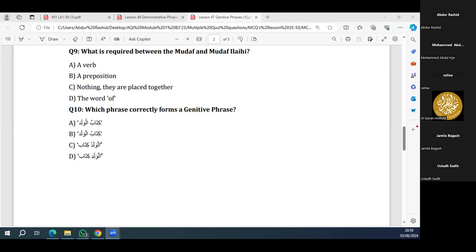When we talk about the Arabic language, C becomes the correct answer. We are not talking about English translation; the word of is only for our understanding, so we can check if it is a possessive phrase. So I'd also prefer C. In other words, the closest answer is C.